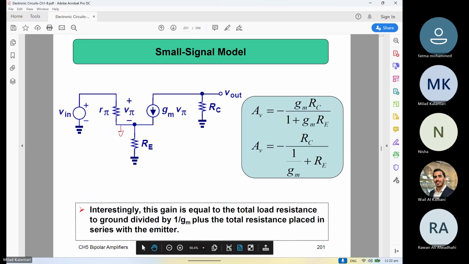So if you write the equations and derive, you will come up that the gain would be like this. So initially the gain was GM-RC, right? Now there is a degraded factor. The factor is 1 plus GM times RE, right?